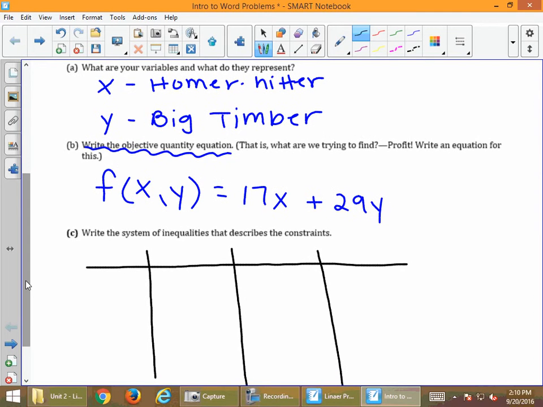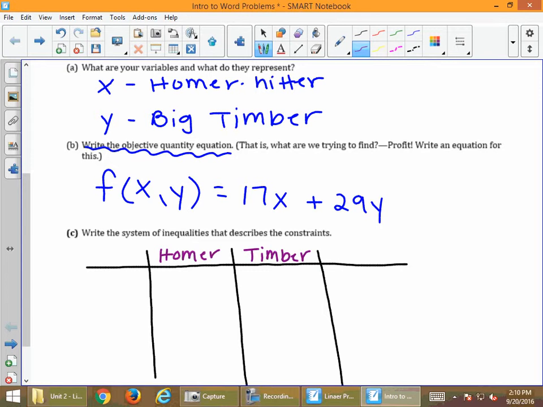Okay? The 2 middle ones are always your variables. So one of our variables was the Homer Hitter. I'm just going to call it Homer. And the other one's the Big Timber. I'm just going to call it Timber. So your variables always go in the middle 2 columns. Always your variables.